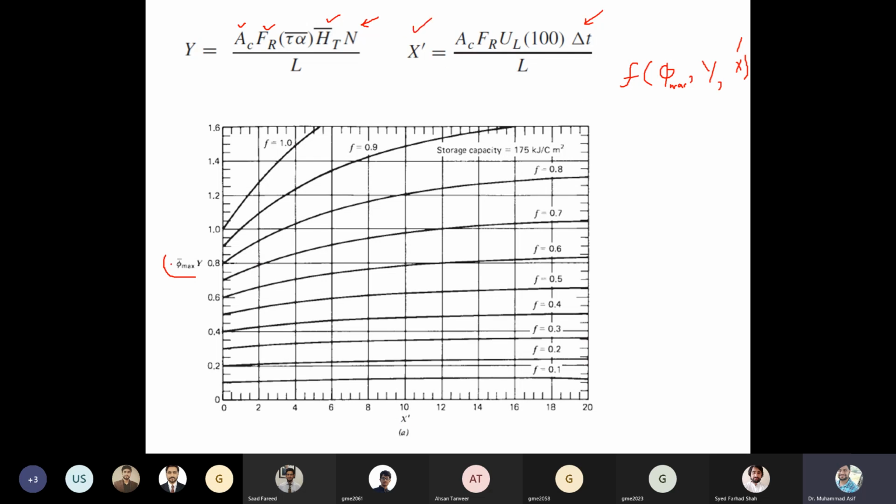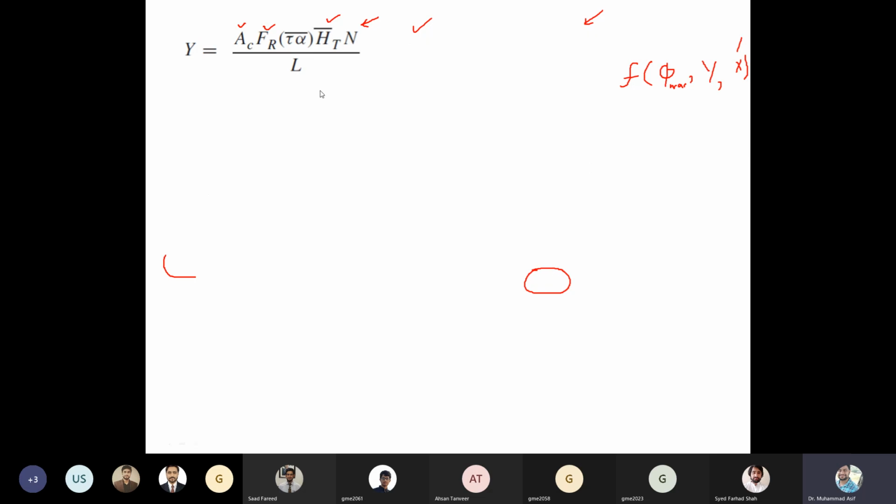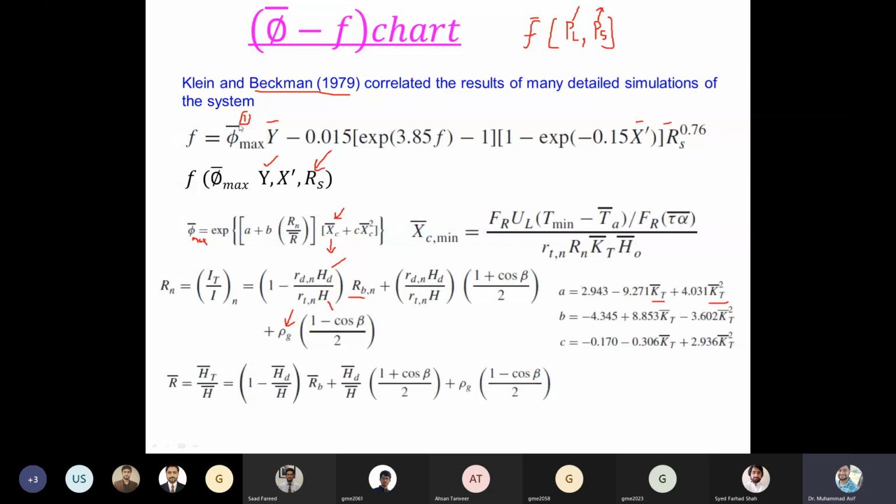Once you have the value of phi bar max into y and X bar, you can use those values to read from the graph, and then you can read the value of the phi. Basically, this correlation is plotted in the form of graphs for different storage capacity.